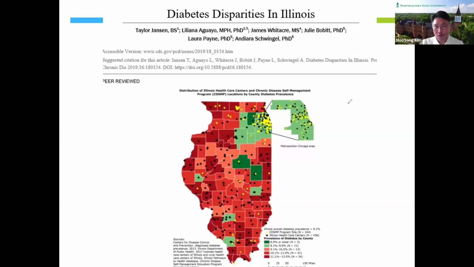According to this study, in areas where people can access more diabetes prevention centers, there is lower diabetes prevalence. If it's difficult to access diabetes prevention centers, there would be a higher prevalence rate. These studies are the same thing we talk about here, right?